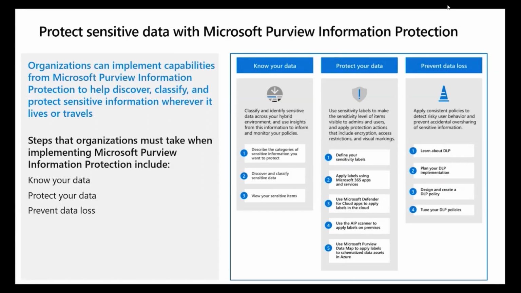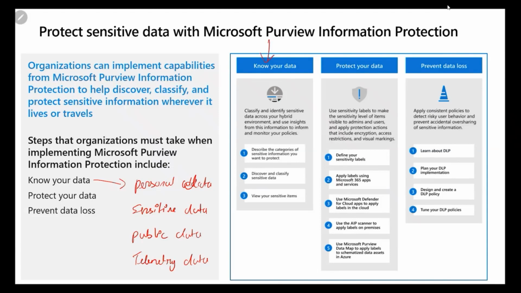Because an organization can have personal data, it can also have sensitive data, it can have public data, it can have telemetry data, and so on. So before you start designing any kind of information protection and governance policy, you first have to understand the kind of data that you're dealing with.